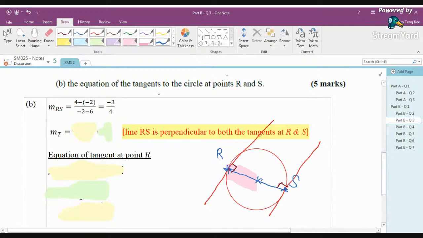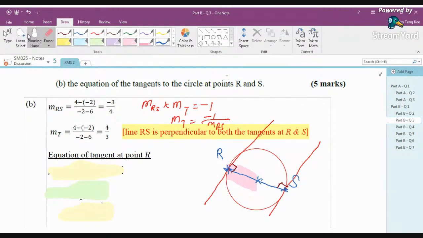Be aware here that when you multiply the gradient of RS with the gradient of the tangent, I get -1 because they are perpendicular. We have this property in calculation. As a result, mT equals -1/mRS.